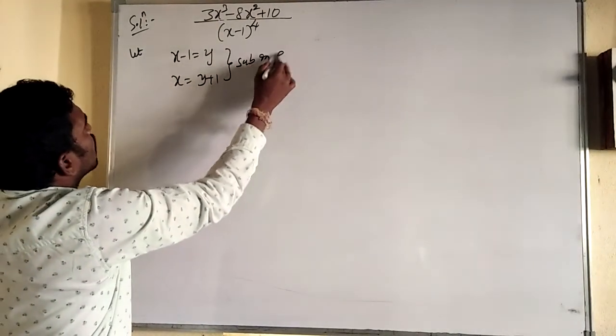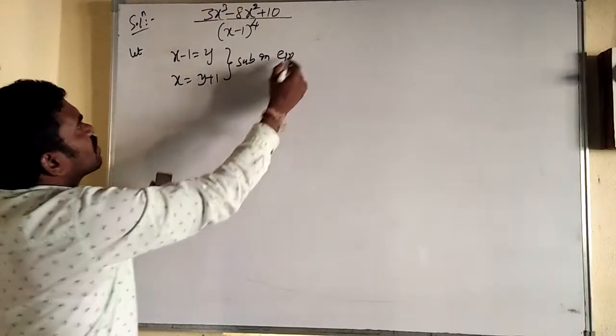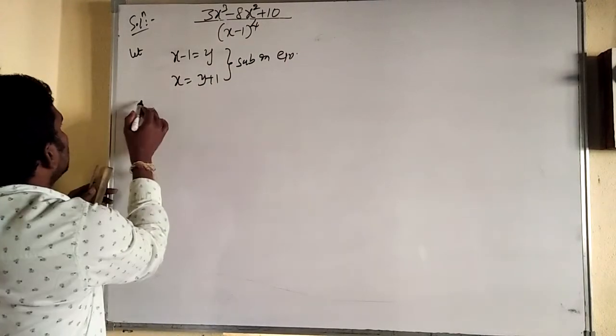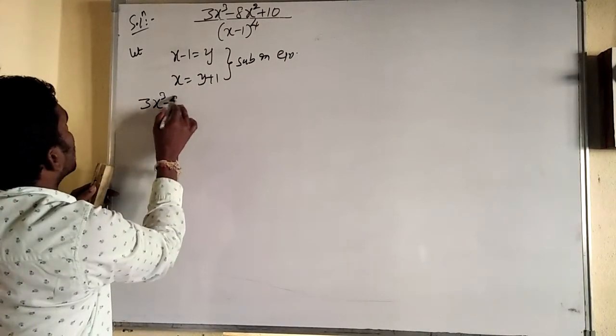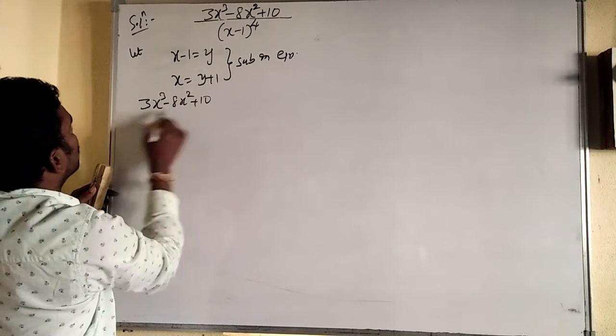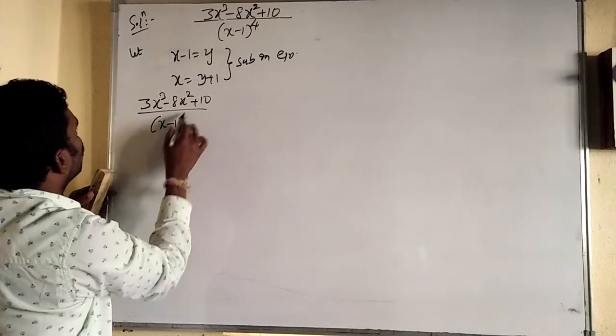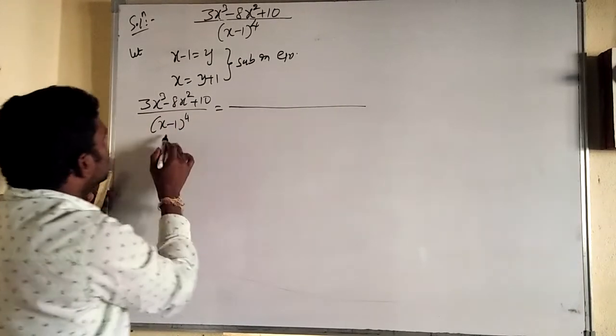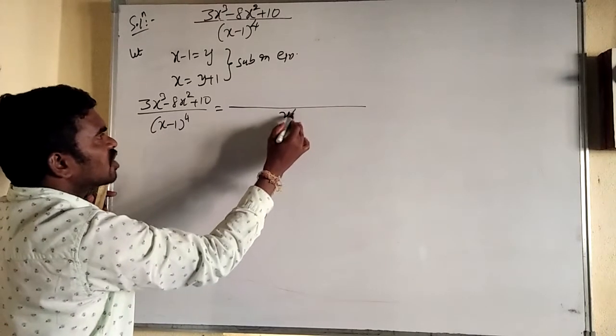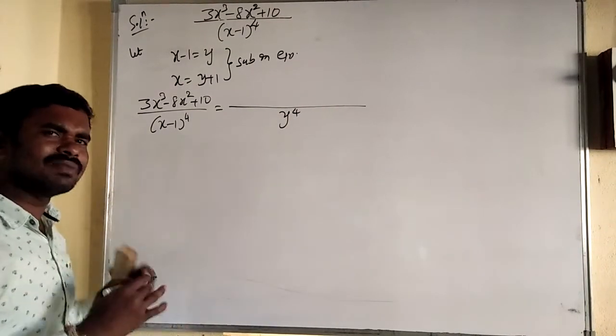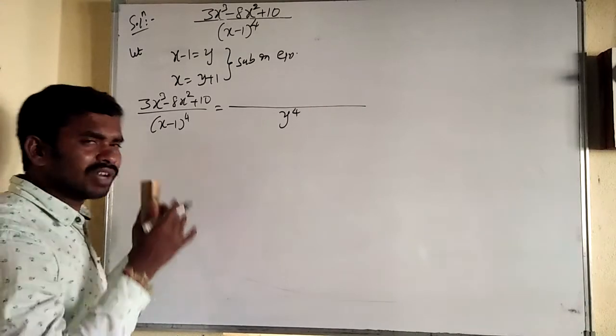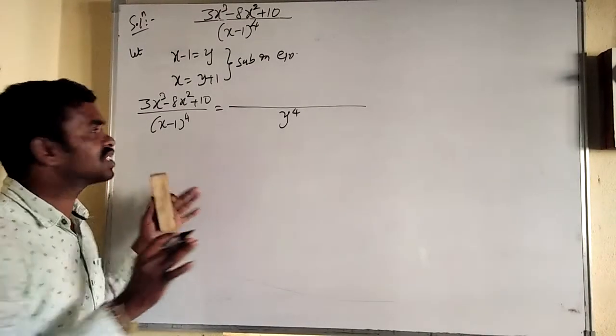Substitute in the given fraction. Then 3x cube minus 8x square plus 10 by x minus 1 whole power 4. x minus 1 I have taken as y, so it becomes y power 4. Very simply we can complete this problem without any difficult simplifications.